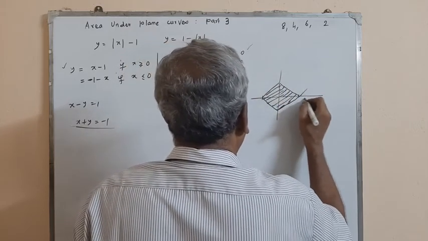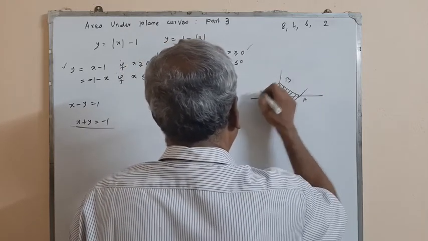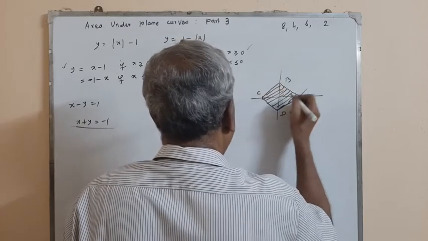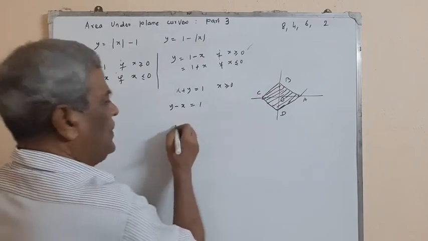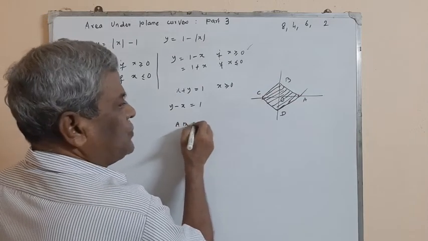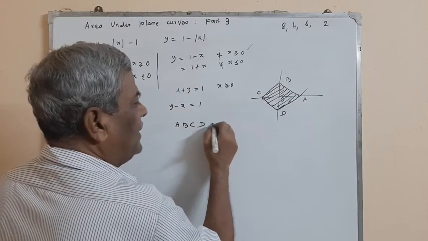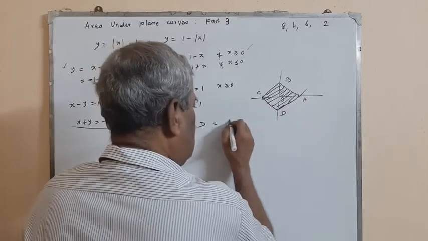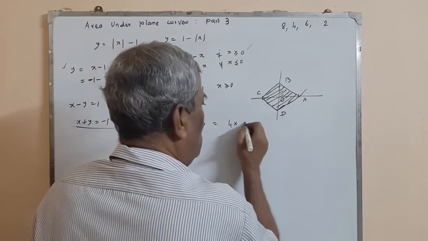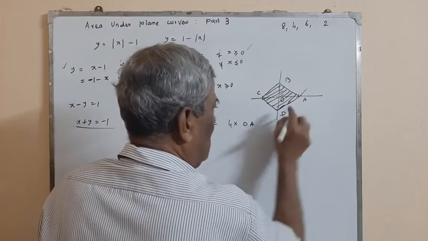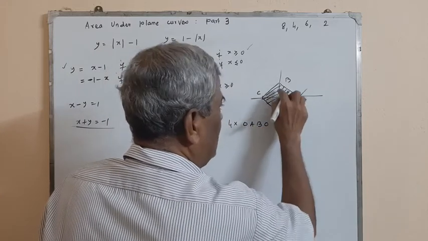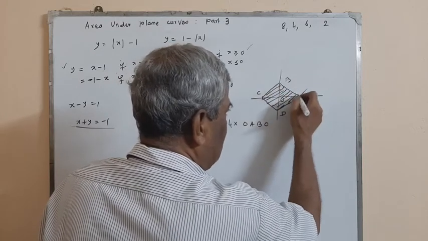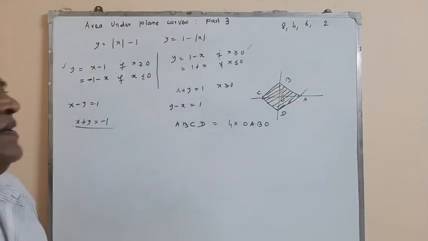Let it be A, B, C, D. This is origin O. The required region ABCD is equal to 4 times the triangle OAB. Due to symmetry, it is 4 times that triangle.